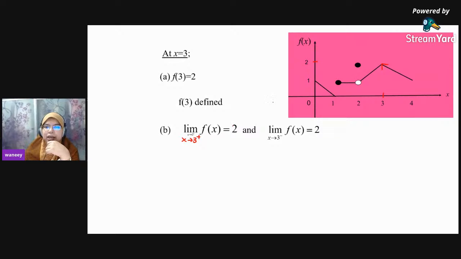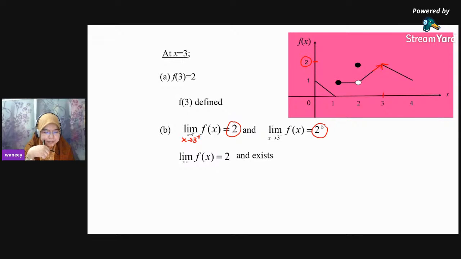And the limit for x approaching 3 on the left hand side, so this is 3. We are approaching 3 on the left hand side. And the value of y is also equal to 2. So the limit for x approaching 3 on the left hand side for f(x) is equal to 2. So since they are equal, we can make a conclusion such that the limit for x approaching 3 for f(x) is equal to 2 and it does exist.